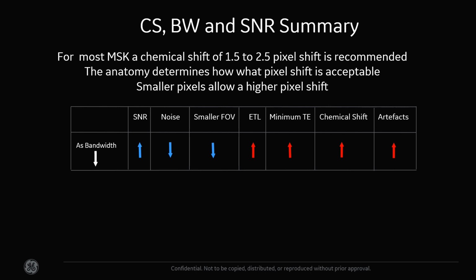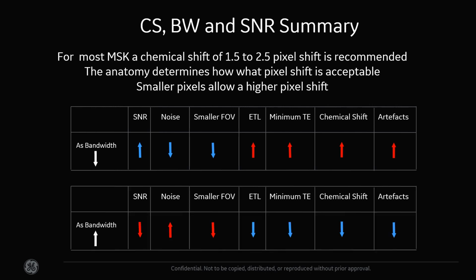So don't forget, as your bandwidth decreases, your signal to noise goes up, you'll have smaller fields of view available, but your ETL increases, your minimum TE increases, your chemical shift increases, and your artifacts increase. As your bandwidth goes up, your signal to noise goes down, but your ETL reduces, your minimum TE reduces, and your chemical shift and artifacts will reduce as well.